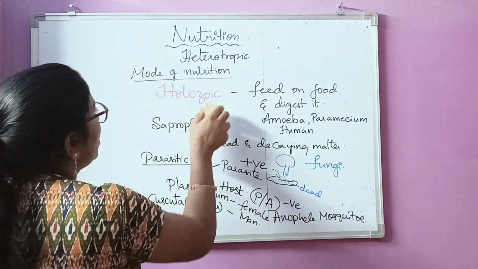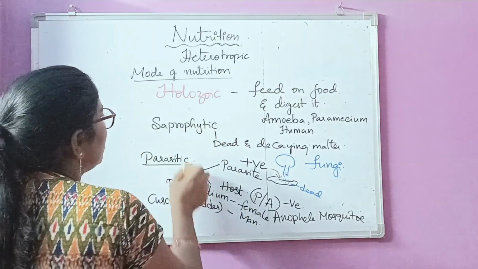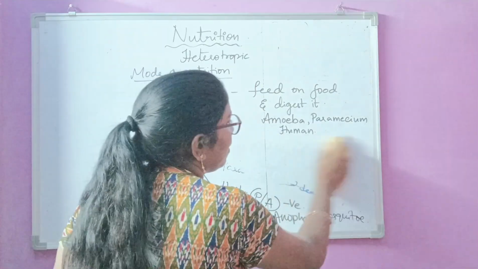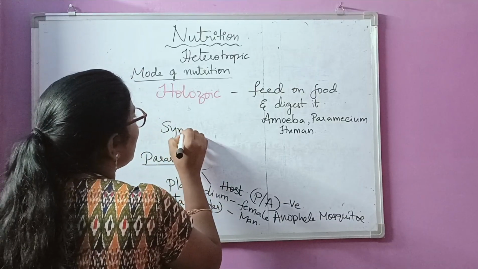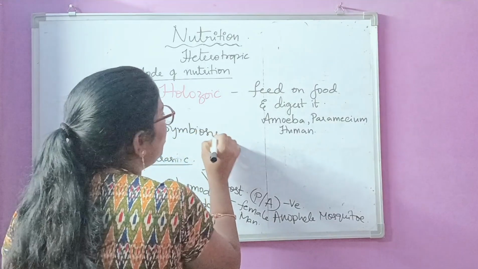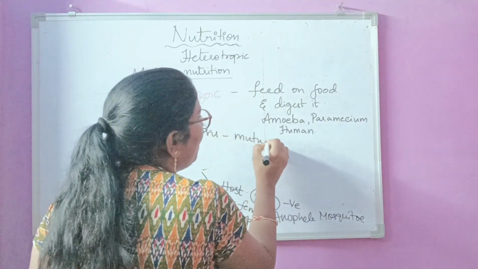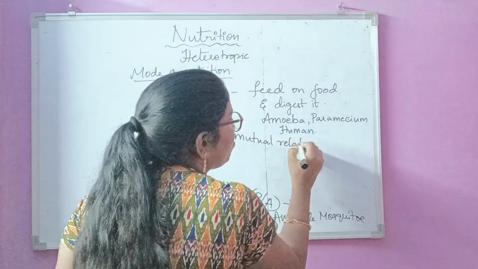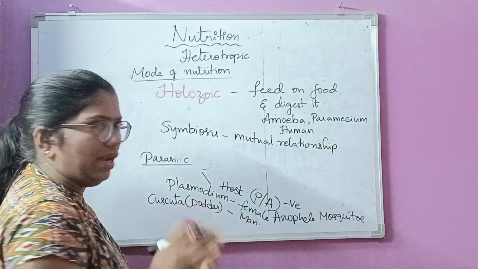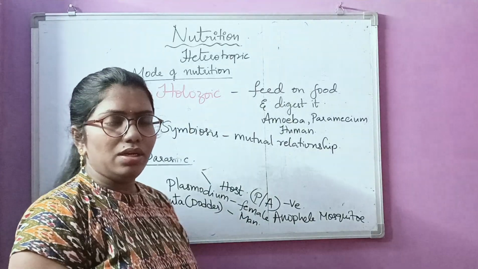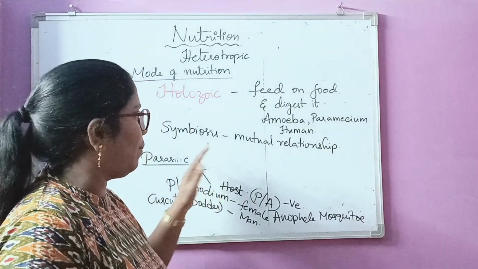And a symbiotic relationship is also there. Symbiosis is a mutual relationship in which both the organisms get benefited. This is also a type of nutrition we can mention.